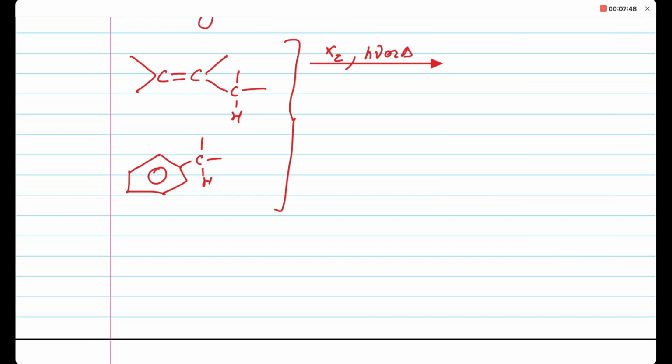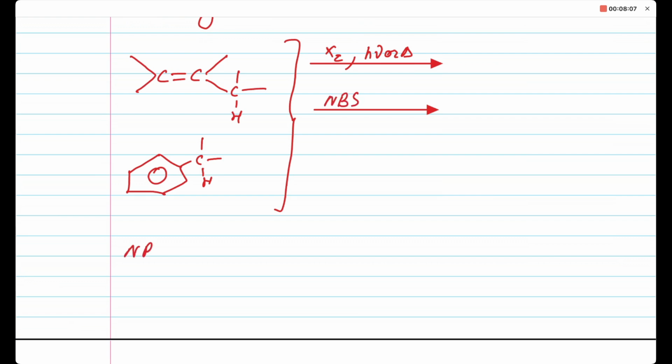Now, this X2 could be Cl2, that could be Br2. Generally, we avoid I2 and we generally do not use fluorine. Fluorine is extremely reactive, so fluorine is never used. Or we could have a specific reagent that is NBS.